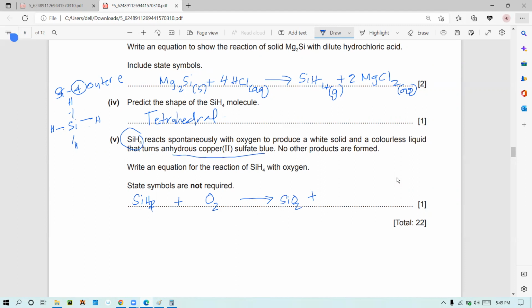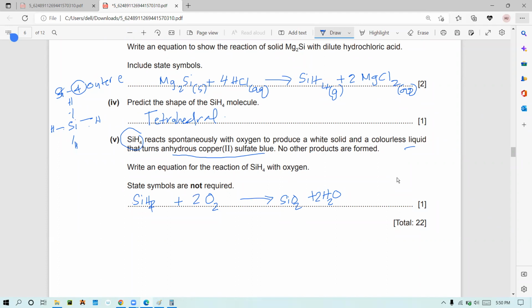If a liquid changes anhydrous copper-2 sulfate, which is white, to blue, definitely that liquid should be water. Silicon hydride, because we have 4 hydrogen, I write 2 over here and 2 oxygen to balance the equation.